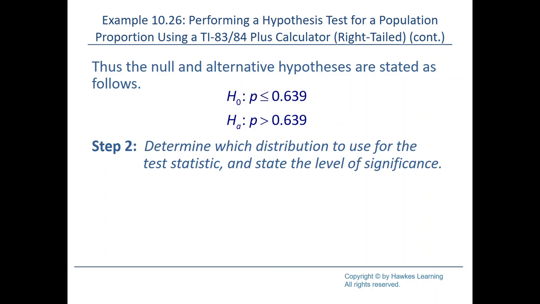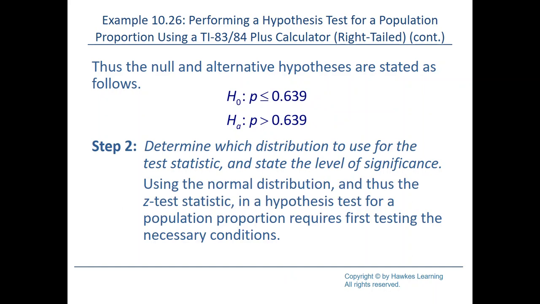The second thing you're going to do is basically determine, can you run a z-test or a t-test or a 1-prop z-test, and then also state your level of significance. Now, in this case, we do realize that it met the binomial condition, it gave me my proportion. So that's going to meet that normal distribution.